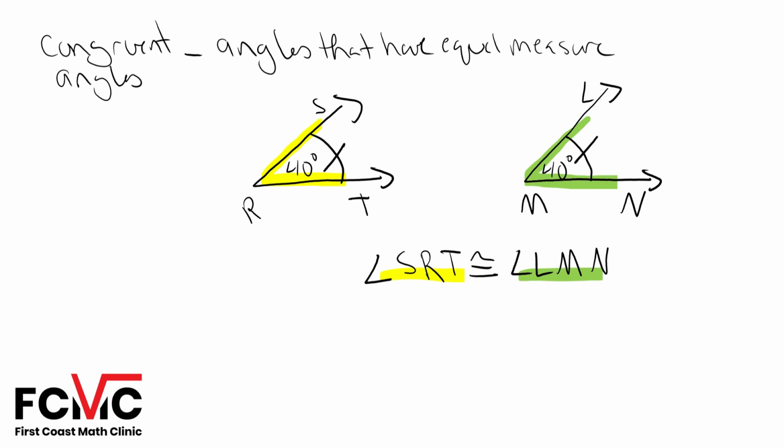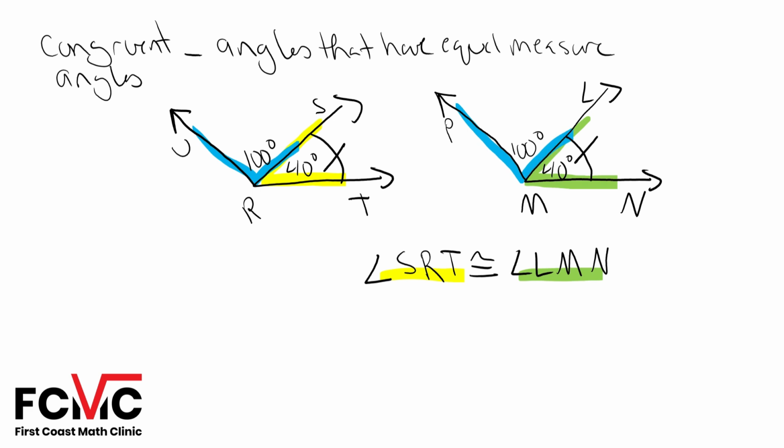Let's draw another angle off of this. I'm going to draw ray RU here. I'll put 100 degrees here, and I'll draw ray MP here. I'll put 100 degrees here. So now the new angles that we drew are congruent, these 2 angles in blue.